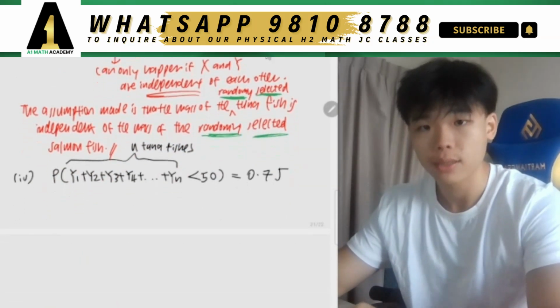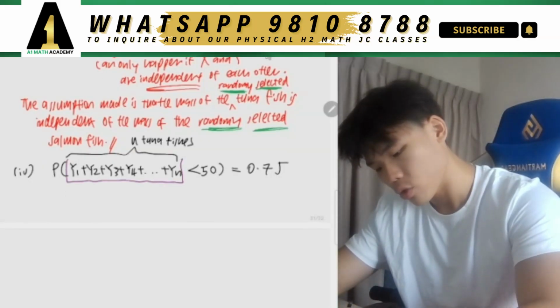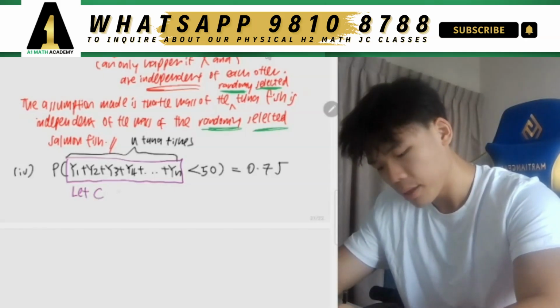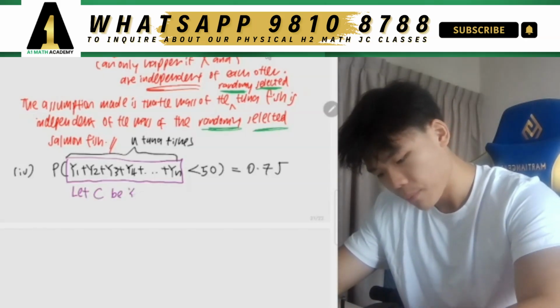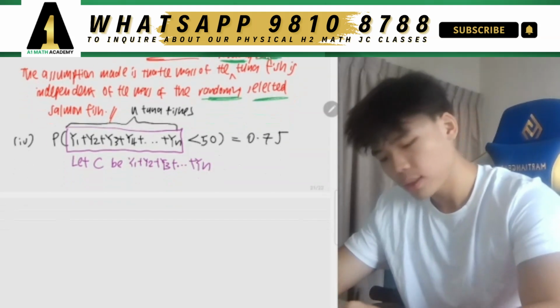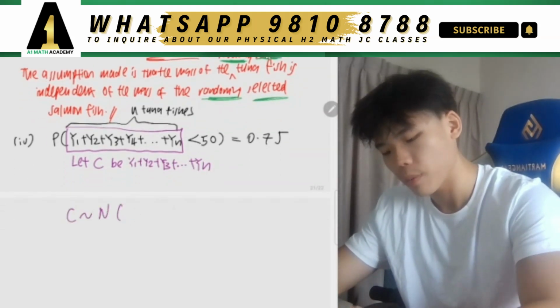Now the question is, what is n? So this itself forms its own distribution as well, right? I'm just going to let C be y1 plus y2 plus y3 plus dot dot dot plus yn. So C itself forms its own distribution where it has its own distribution parameters as well.